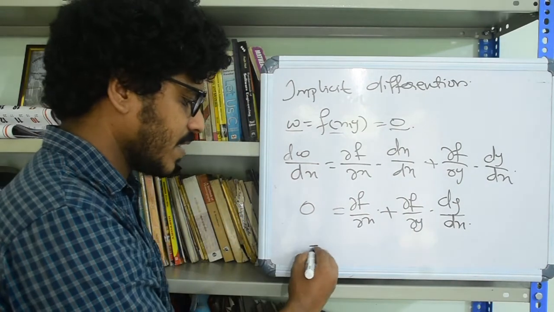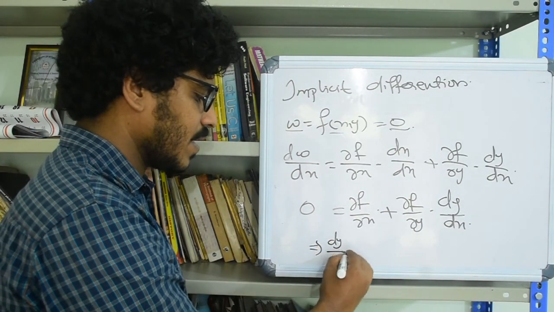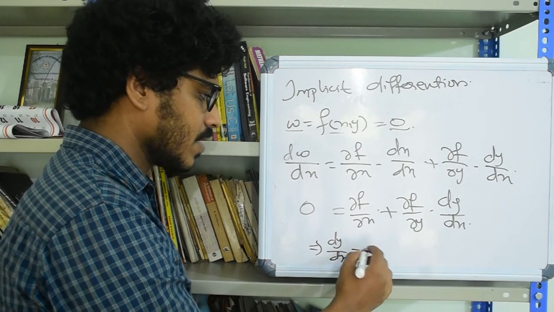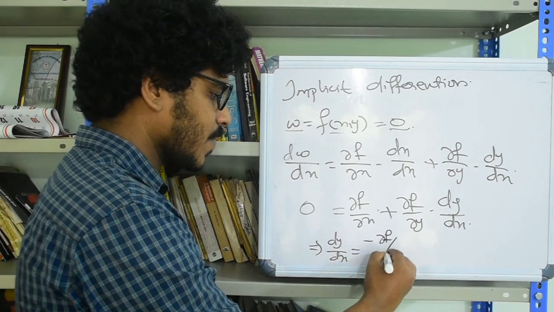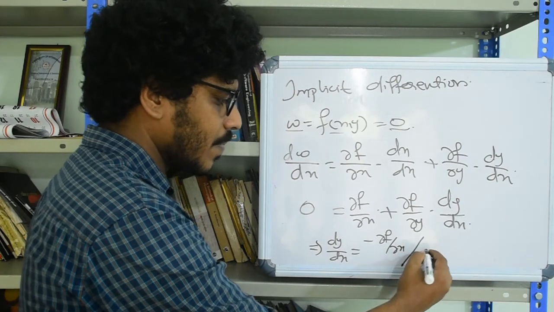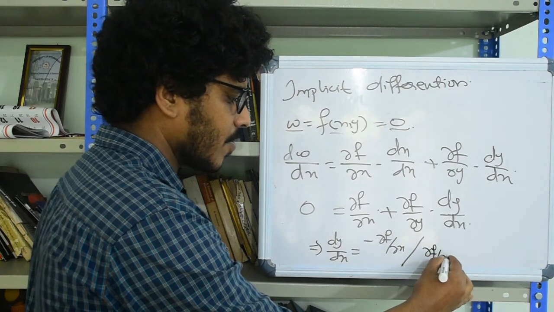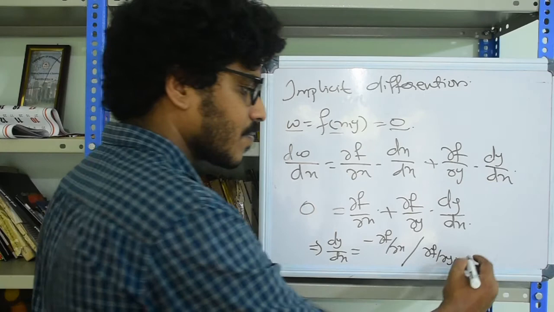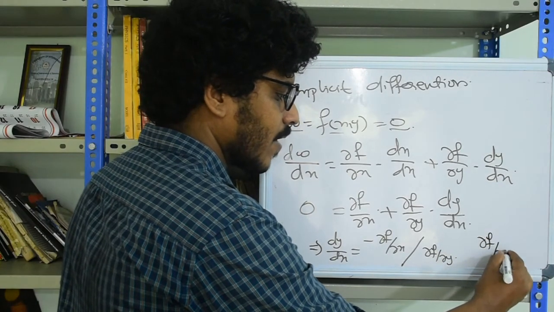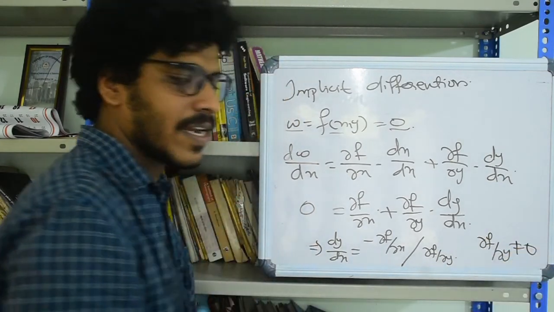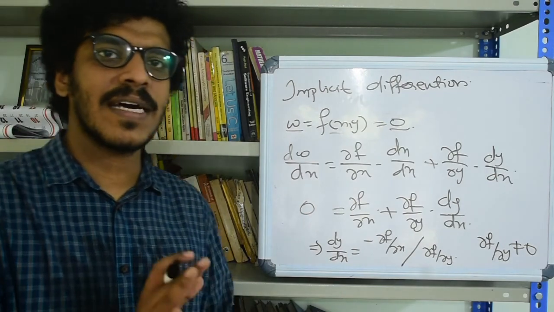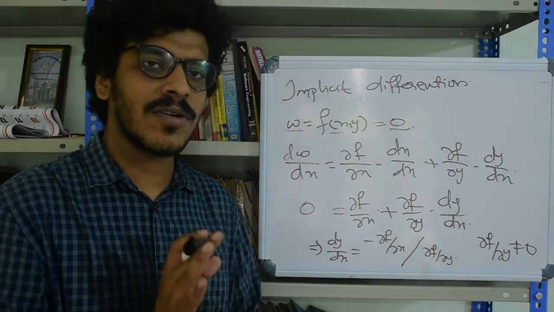Right, which means dy by dx equal to minus dou f by dou x divided by dou f by dou y, provided dou f by dou y is non-zero. So whenever you write a denominator, make sure that it does not become equal to 0.